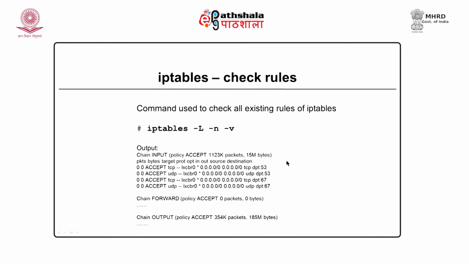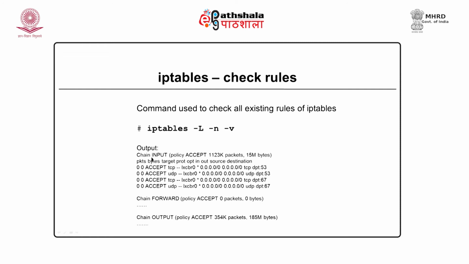Now, if I want to check the existing rules of my system, the options are -L, -n and -v. With the iptables command, when we give these options, it will display a list of rules. Here the output will be so large that it may not fit on this screen.